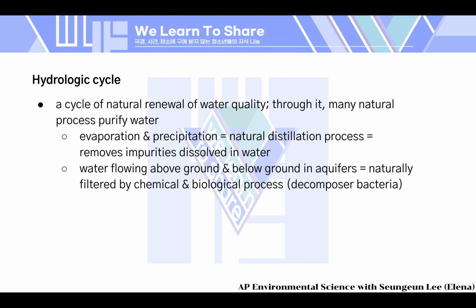So basically, it makes the water purify itself, or get rid of the impurities, right? And also the water flowing above ground and below ground in aquifers naturally filters through chemical and biological processes, by the decomposer bacteria. So you can say that the hydrologic cycle itself is really a natural renewal or purifying process of water quality.